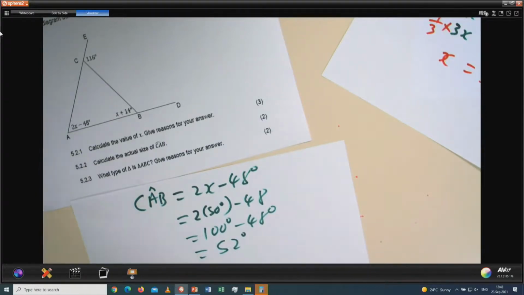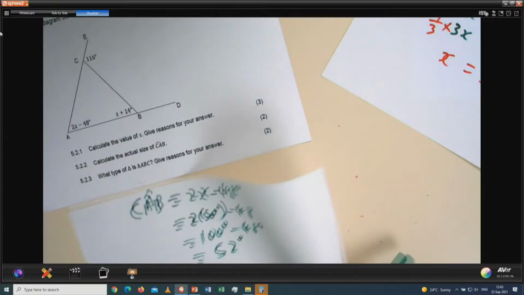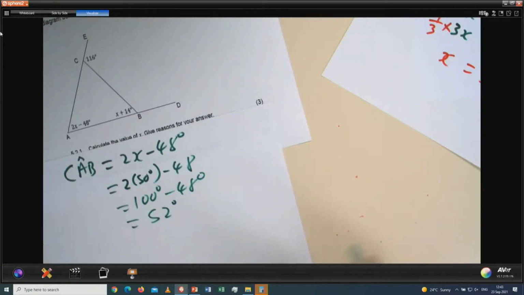It's either an isosceles triangle, an equilateral triangle, or a scalene triangle. Let's remind ourselves.